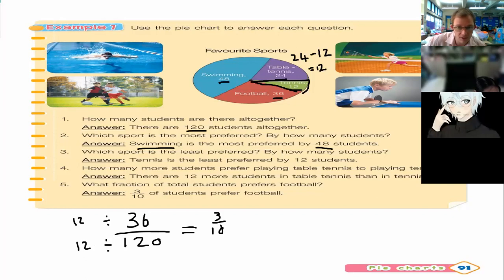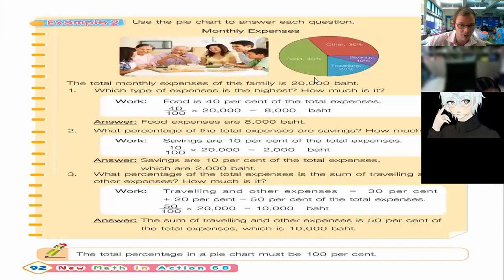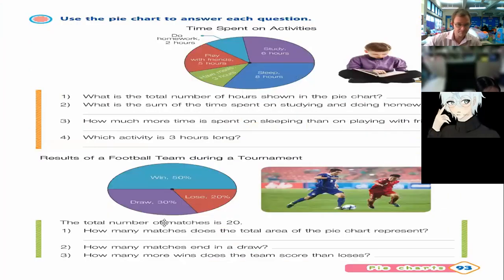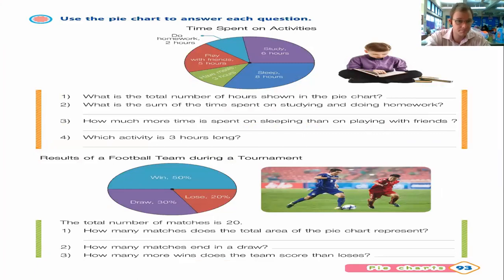So let's go into a little bit more practical exercises where you don't have the answers with you. Over here, I'm going to ask you a few questions. I want you to answer them as best as you can. So use the pie chart to answer the questions.